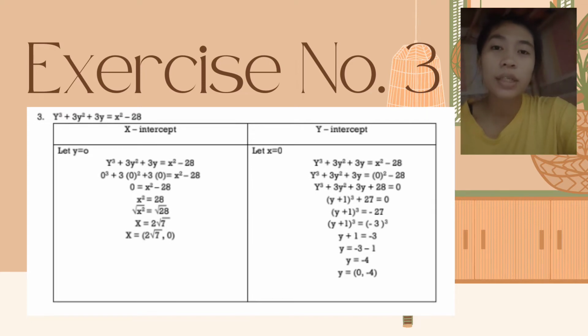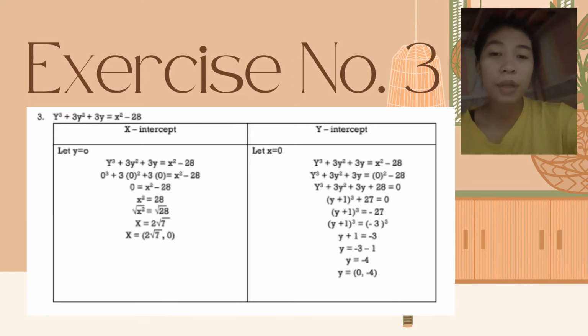So 0 equals x squared minus 28. Then x squared equals 28. So the square root of x squared equals the square root of 28. So x equals 2 square root of 7. So the final answer is x equals 2 square root of 7, and 0.